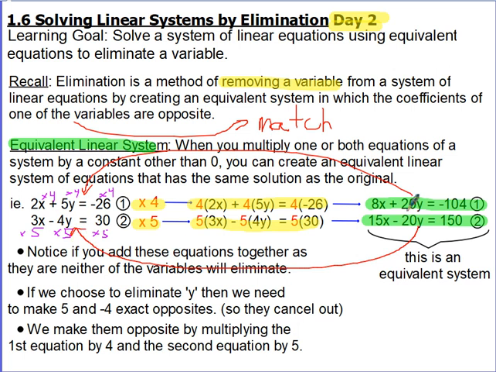Now notice, we have 20y and 20y, the first one is plus 20y and the second is minus 20y. Because the signs are different, if we add these two equations together, using the same method we used for elimination day 1, we would be able to eliminate the y, solve for x, and be right on our way.